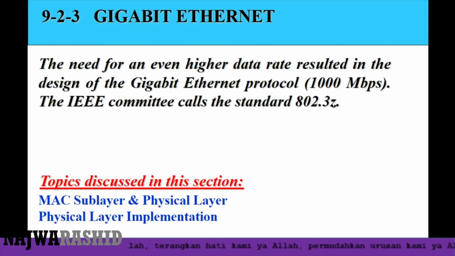The need for an even higher data rate resulted in the design of the Gigabit Ethernet protocol, which is 1000 megabit per second. So after mega, we go for giga. The IEEE community calls this Gigabit Ethernet standard 802.3z. That's the standard name under the IEEE standard.